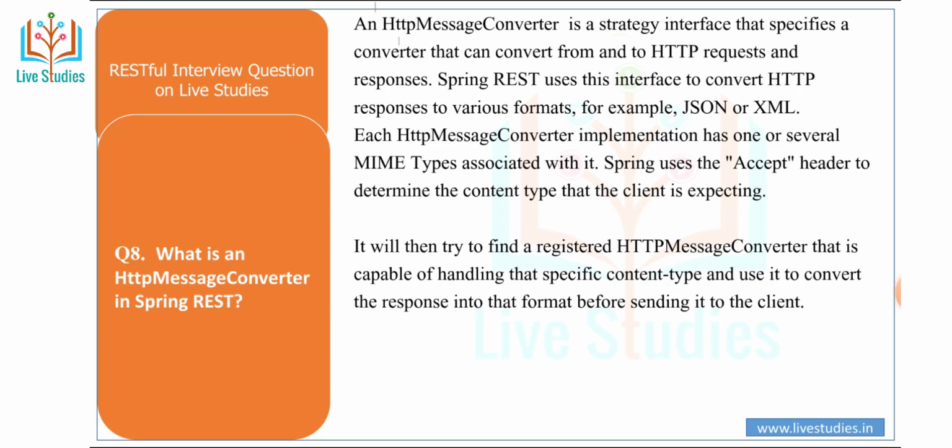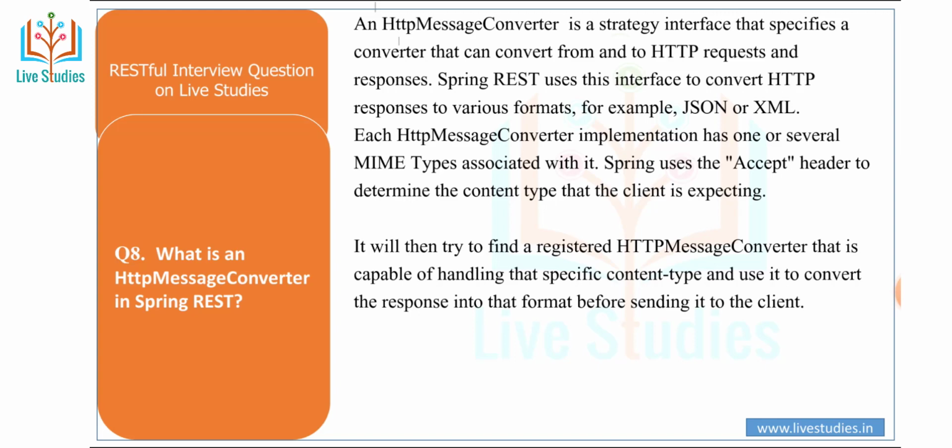Spring REST uses this interface to convert HTTP responses to various formats, for example JSON or XML. Each HTTP message converter implementation has one or several MIME types associated with it.